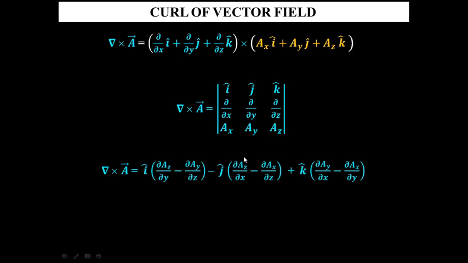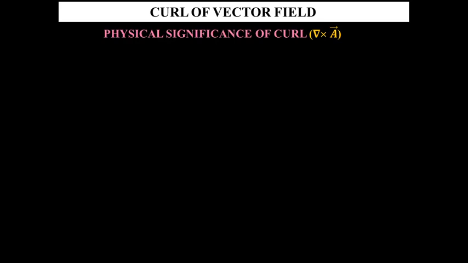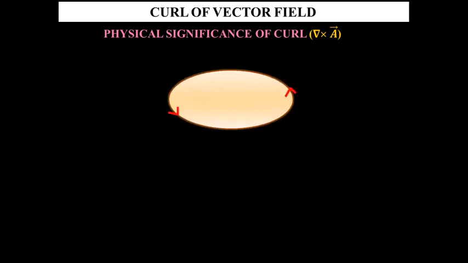Now we will see the significance of curl of vector field. To understand the physical significance of curl, that is curl of vector field del cross A vector, we have to consider a closed path or closed curve which has an anticlockwise direction.